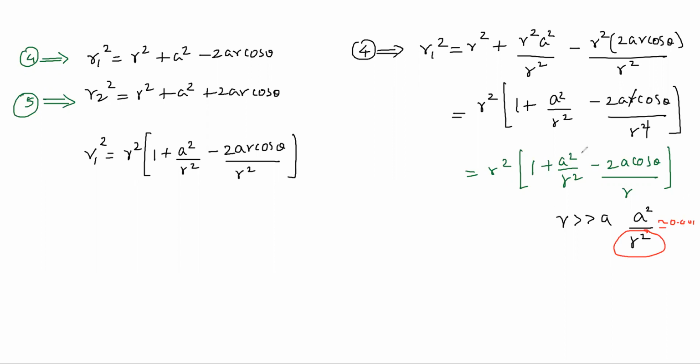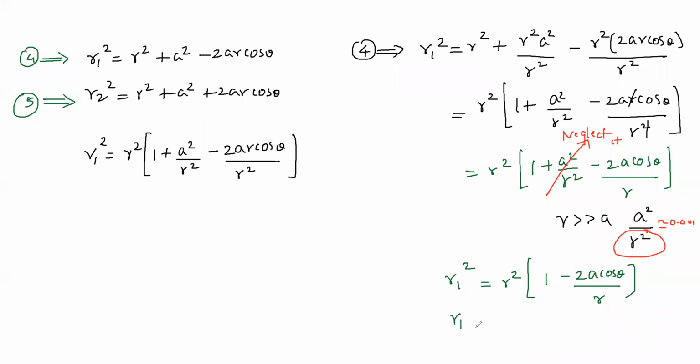So we can neglect this term. So finally, your expression will reduce to r square into 1 minus 2a cos theta divided by r. So that's our final expression for r1 square, but we are not done yet.